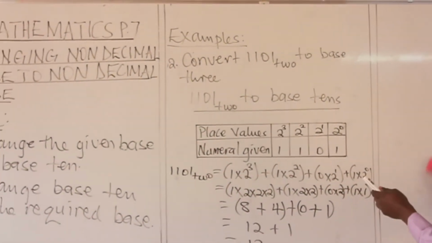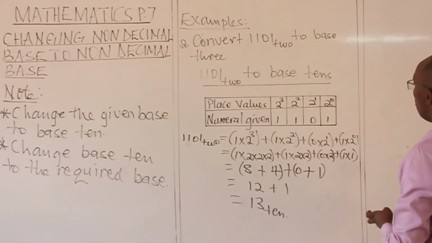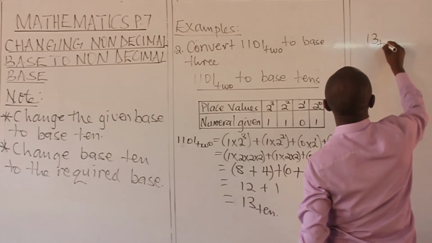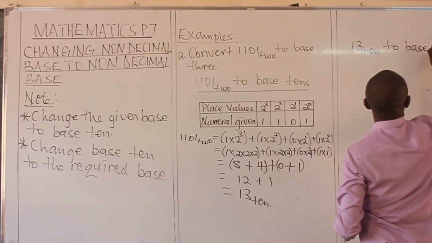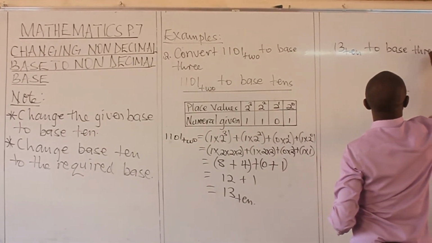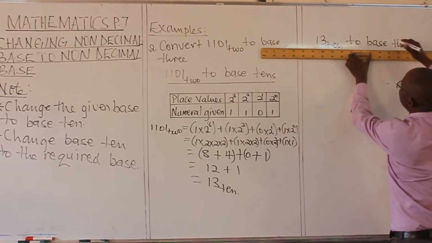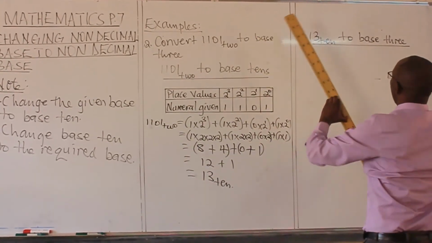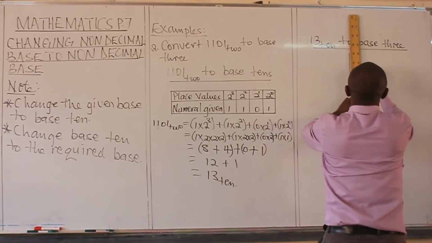In this case, the required base is base 3. They want the answer to be in base 3. So now we are changing 13 base 10 to base 3. So we draw a line. Now after that we draw this ladder. Some people call it a ladder.